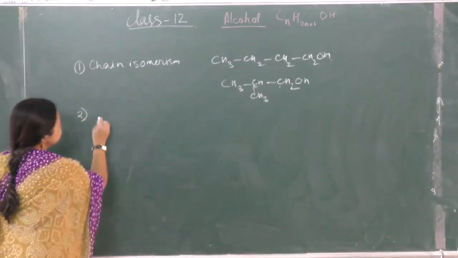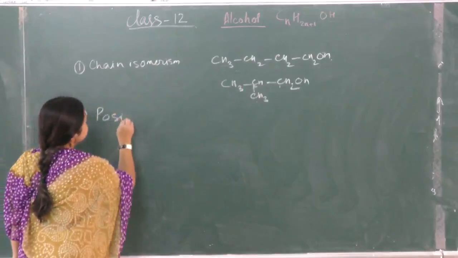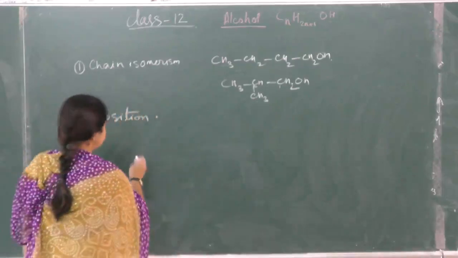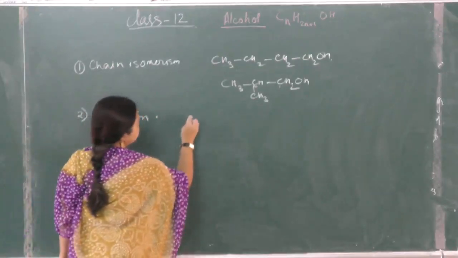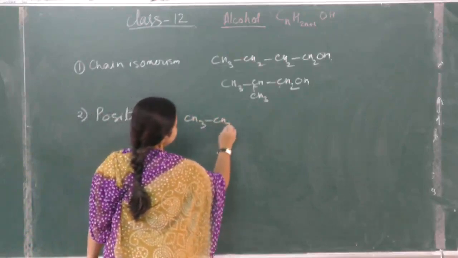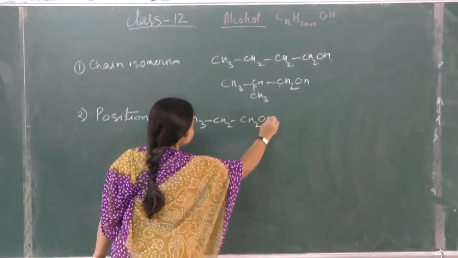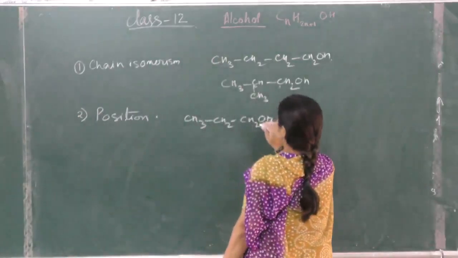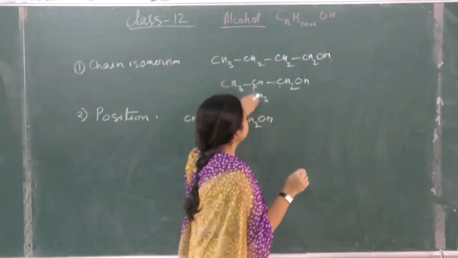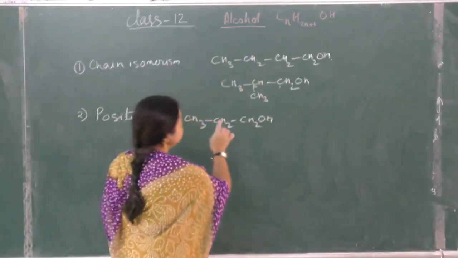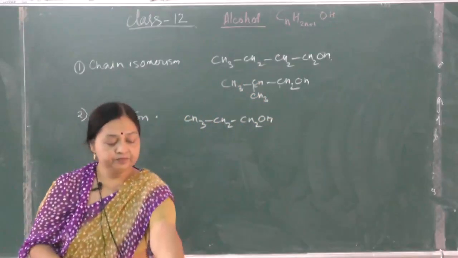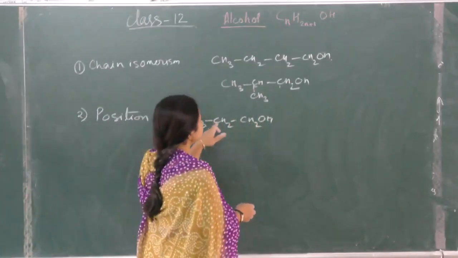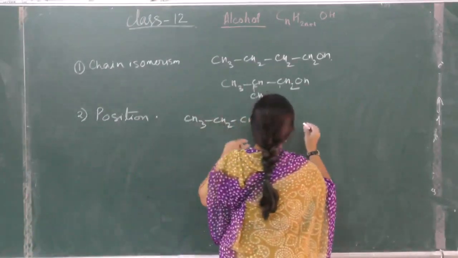Second is position isomerism. Position isomerism is like this: CH3CH2CH2OH is propanol. If the position of the OH group, the functional group, changes, then it is called position isomerism.